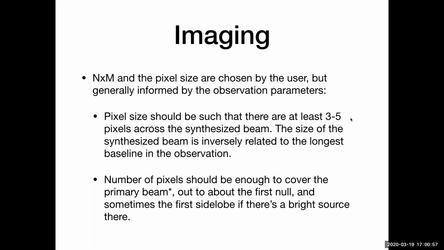The two parameters are pixel size and how many pixels. And the two inputs are the synthesized beam and the primary beam size. So you basically have two unknowns and two functions to constrain them. I see. Okay, thank you.